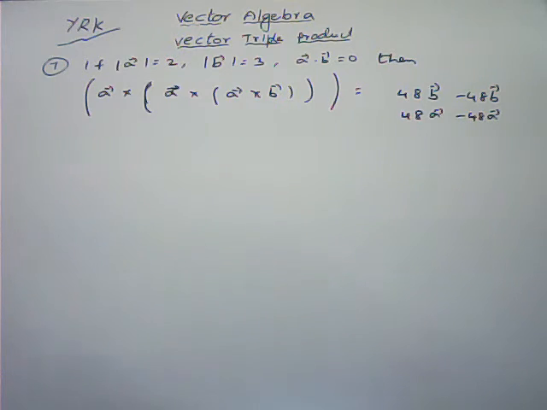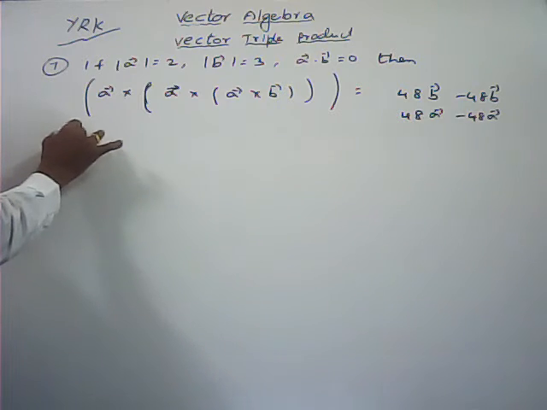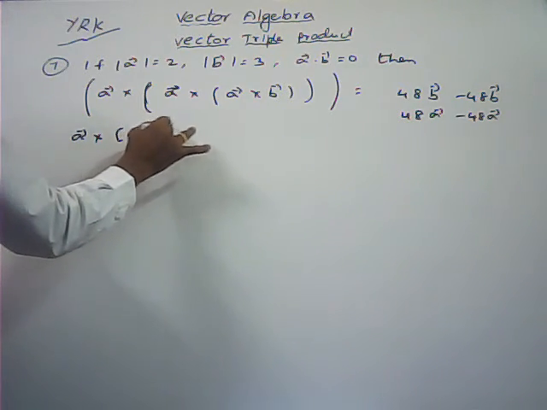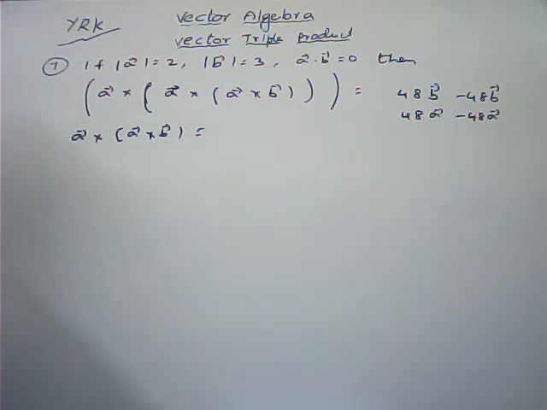Next one: if modulus of A bar equals 2, modulus of B bar equals 3, A bar dot B bar equals 0, then we want the value of this expression. Four options are given. First I am finding the value of A bar cross B bar cross A bar.